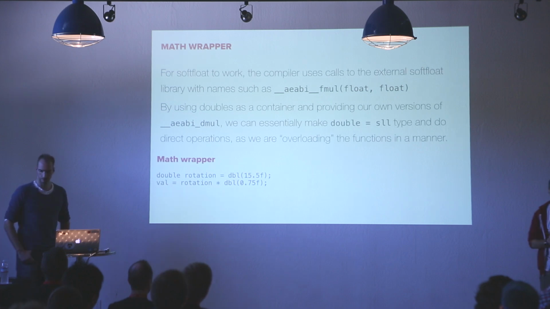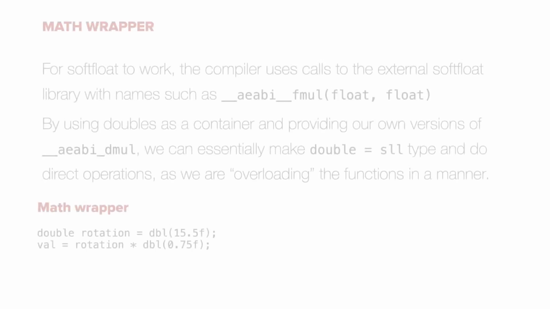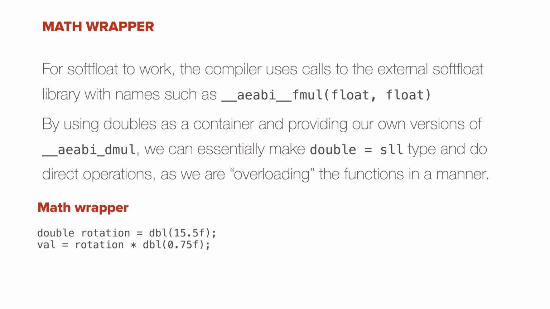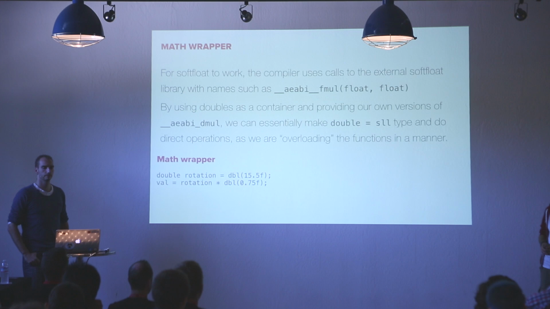One of the things I was looking at, why I did this application, was: is there a way to make this easier for myself and for others? We came up with the idea of wrapping how GCC does it. GCC knows that you have a double times a double, and it's going to call these EABI functions, in the case of float, a float multiplication, float times float. I can't overload the operator, but I know if I have these two container types, it's going to call this function with them. Because in the last example, signed long long math is 64 bits, I say, well, doubles are 64 bits, and they're a floating point.